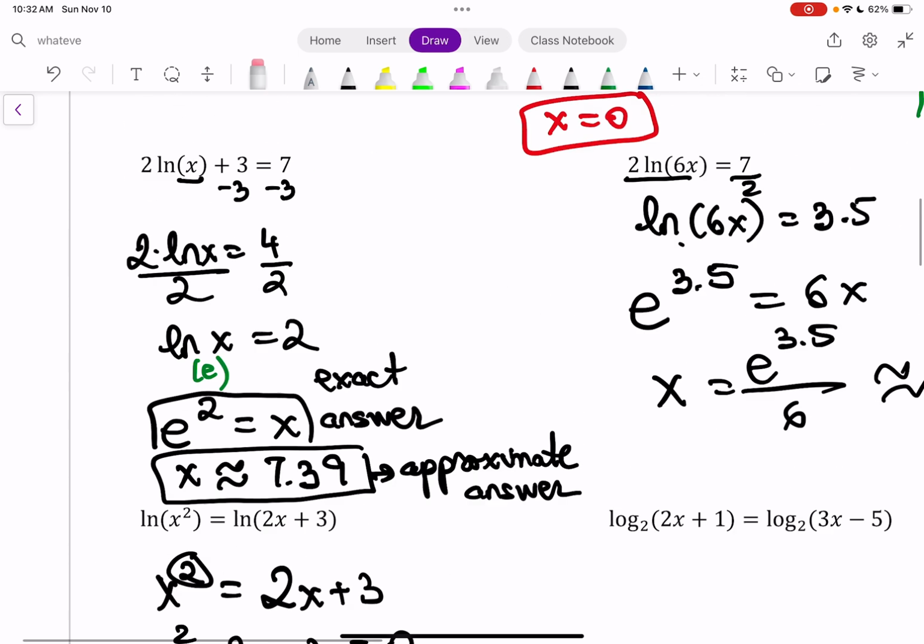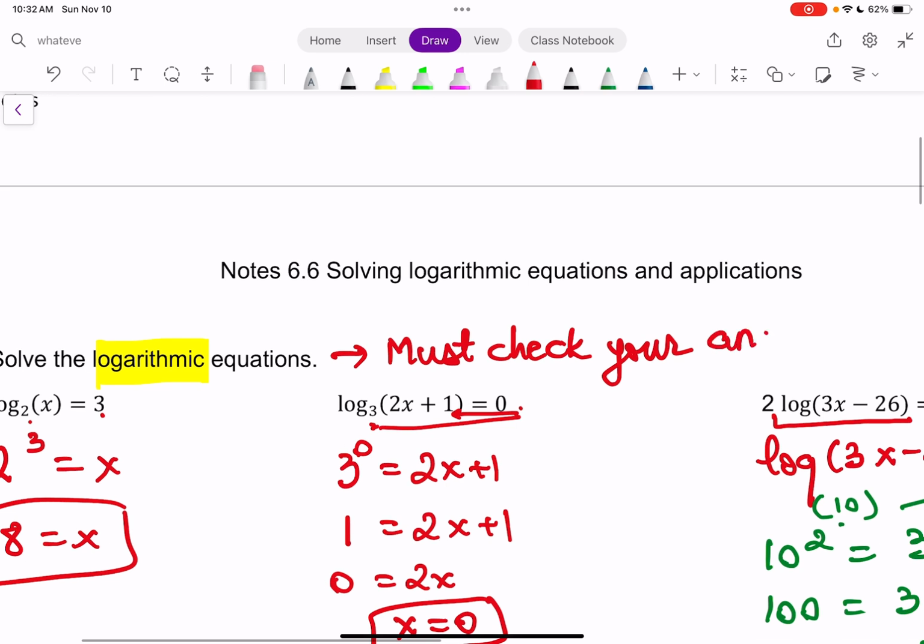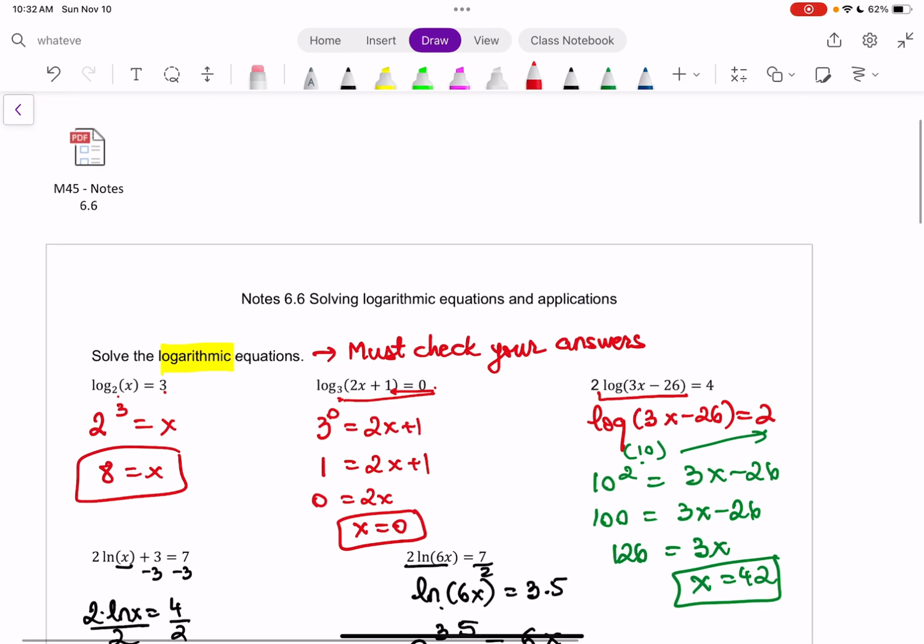So every time we solve a logarithmic equation, you must check your answer, as we did with square root equations, because not everything works with a square root and not everything works with a log. So you have to make sure that the numbers inside the log stay positive.